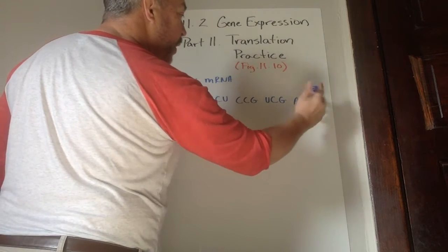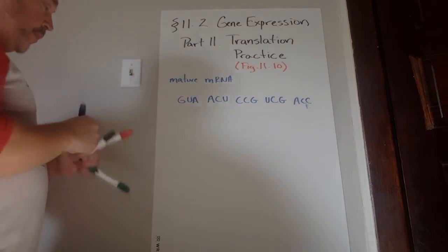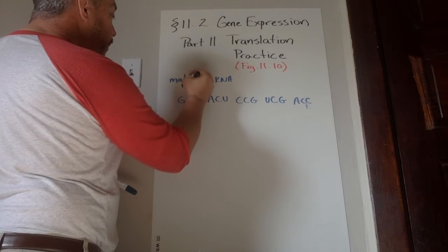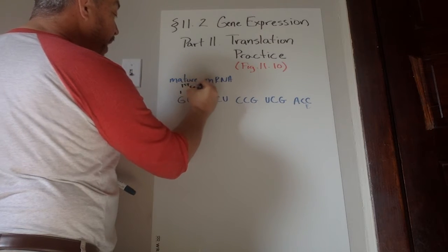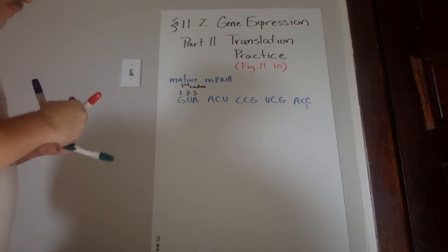So, this is our first codon, and this is the first, second, and third base of that codon.